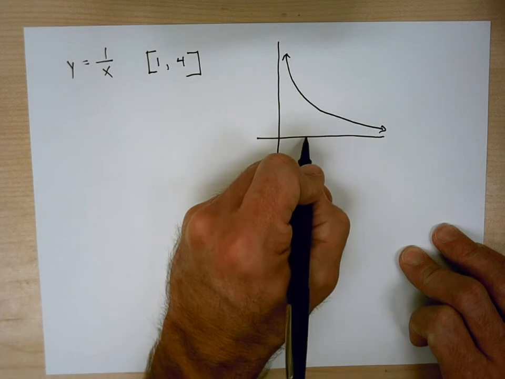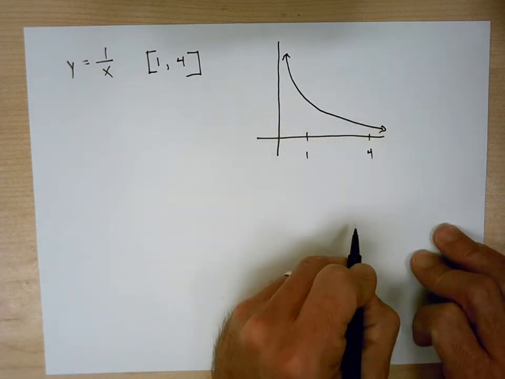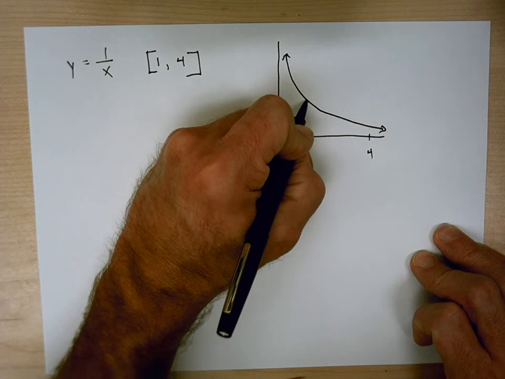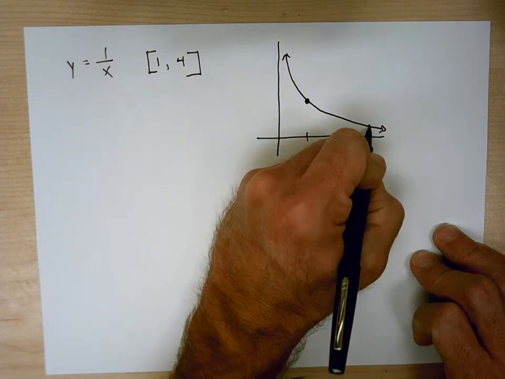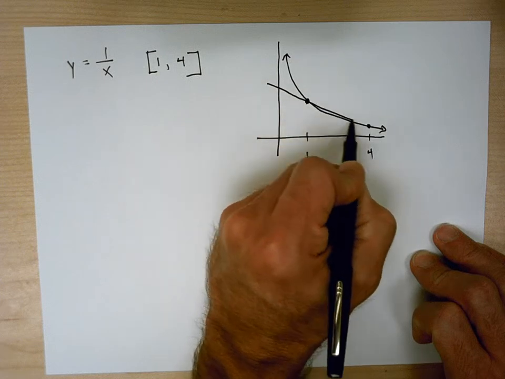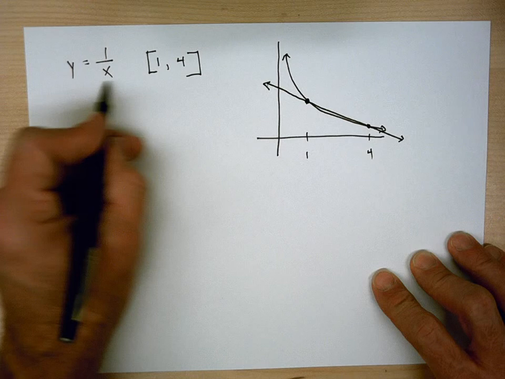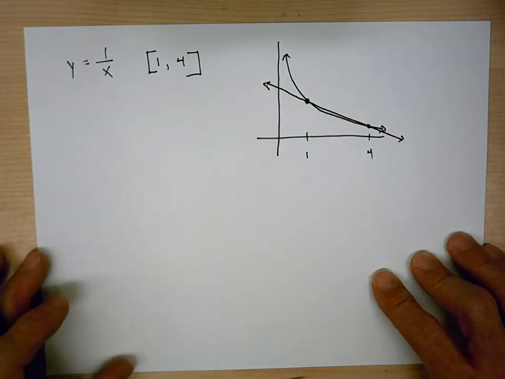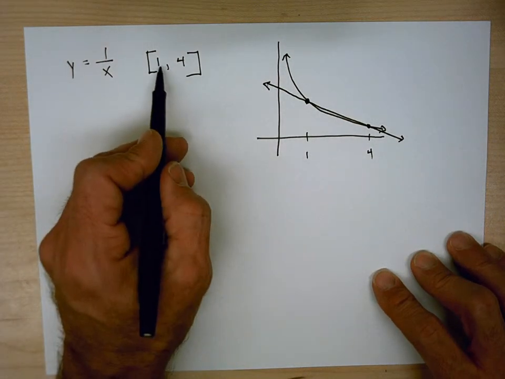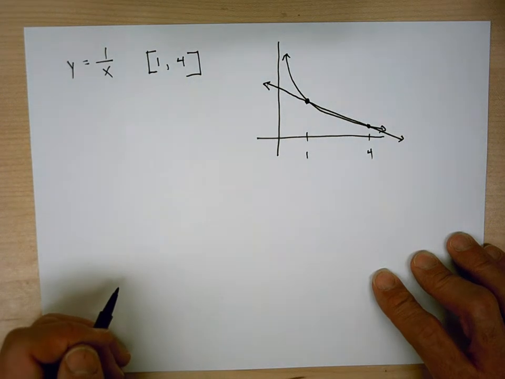And maybe say this is 1 here, and we'll call this 4. So I have these points right here. There is a secant line that goes through those points, and we could find the slope of that secant line. So let's start with that first. Let's find the slope of the secant line, and then we want to find the point in between 1 and 4 where the slope of the tangent line is the same as the slope of the secant line.